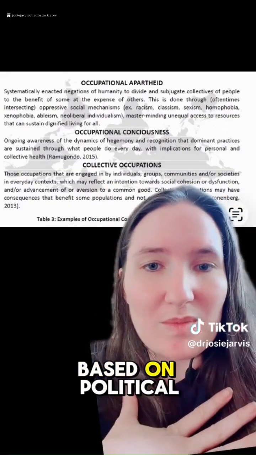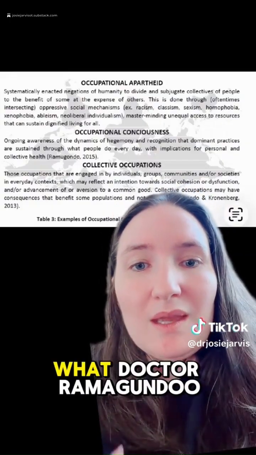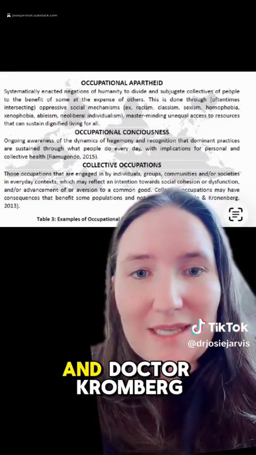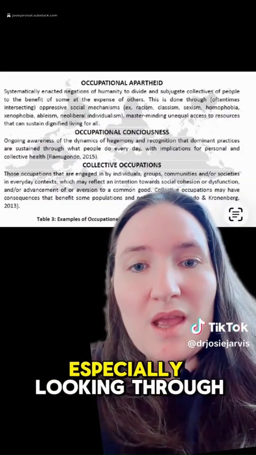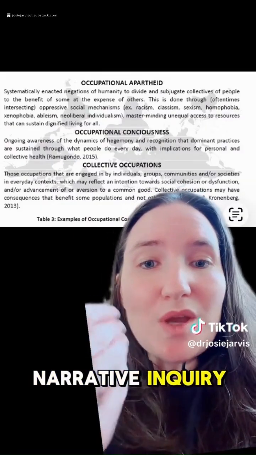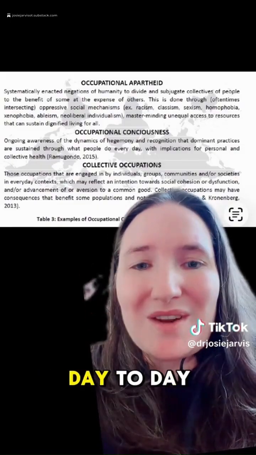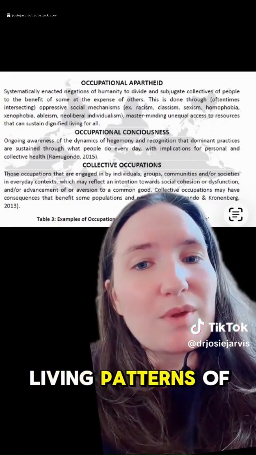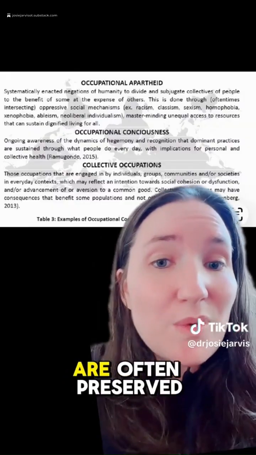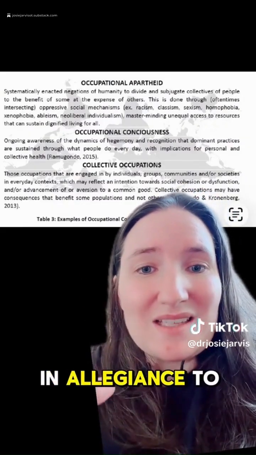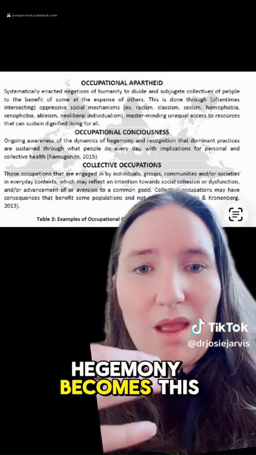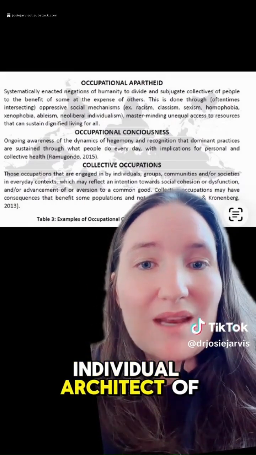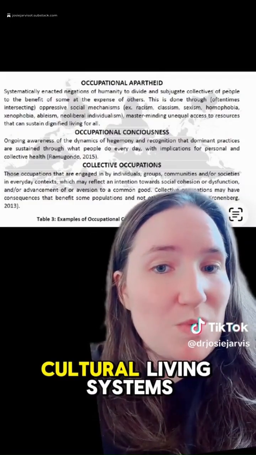Now, while apartheid has been formally ended based on political frameworks, what Dr. Ramagundo and Dr. Kronberg make very clear through their scholarship, especially looking through the lens of narrative inquiry, is that the day-to-day living patterns of coloniality are often preserved in allegiance to the influence of hegemony.